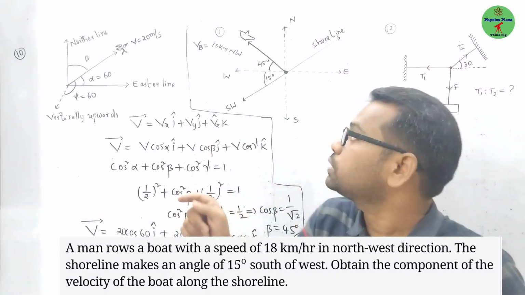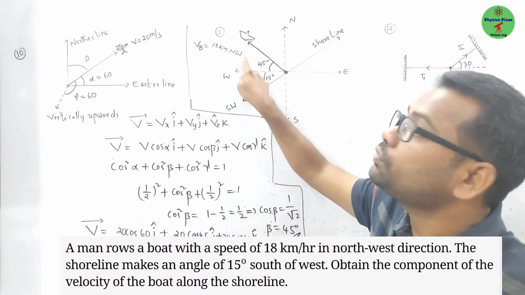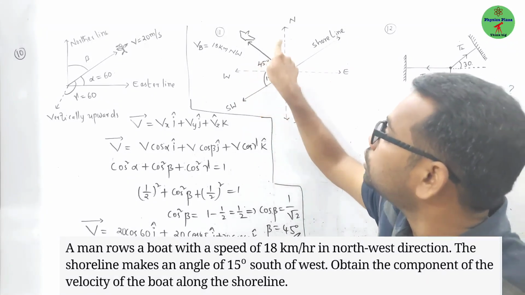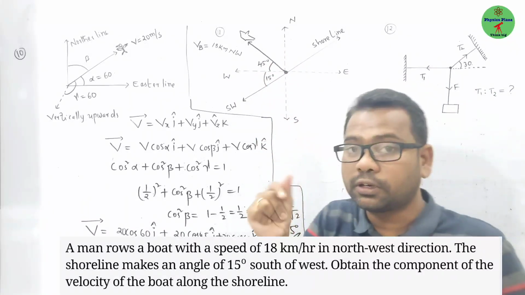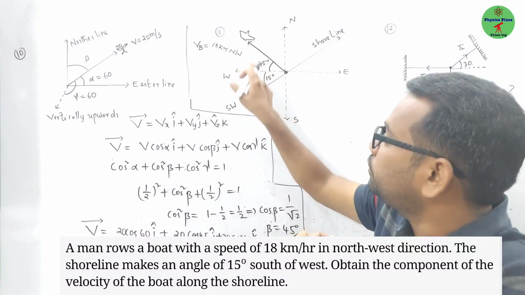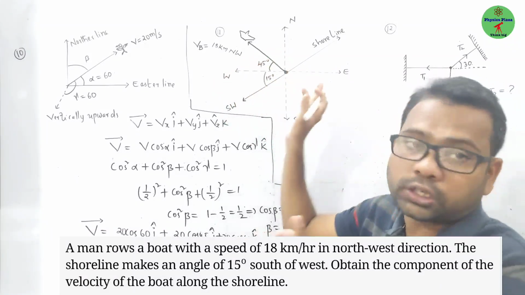But you may get a doubt, sir, why have you taken 45 degrees here and not here? They mentioned northwest. Northwest means towards north from west. If it was west north, we would have taken it like this. Children, don't get confused here. It is northwest, so we have taken the angle with the west. If it was west north, we should take 45 degrees with the north.